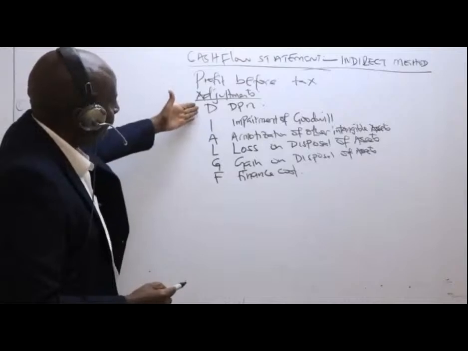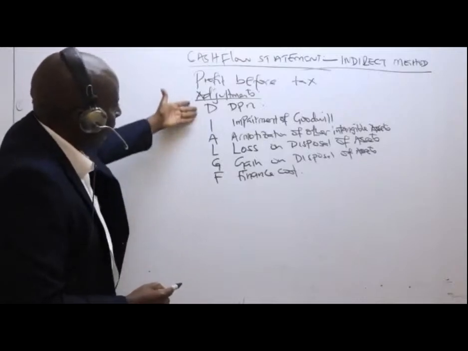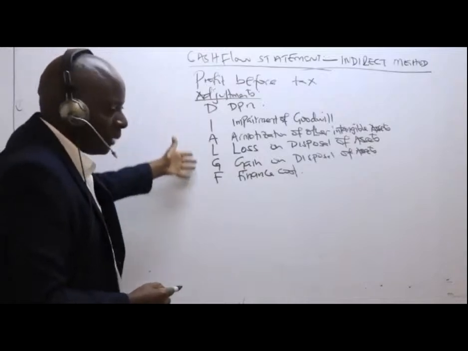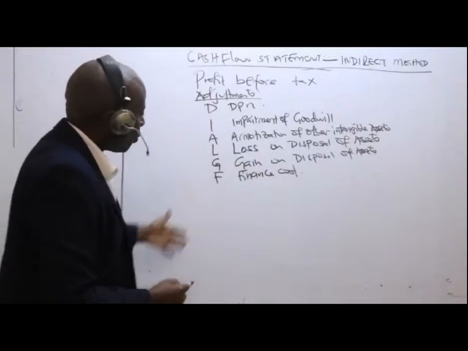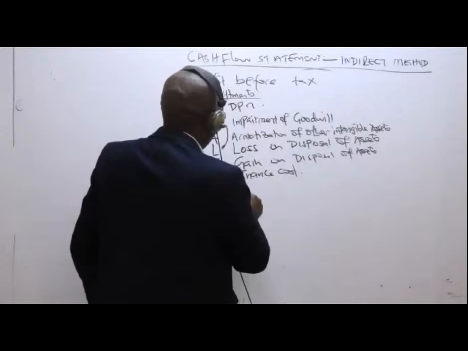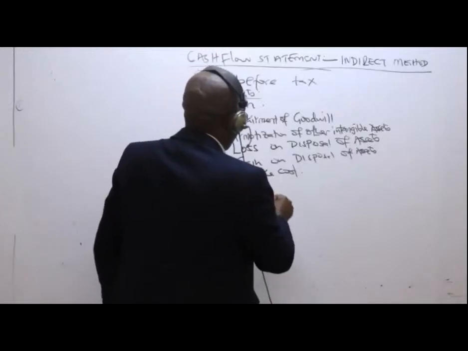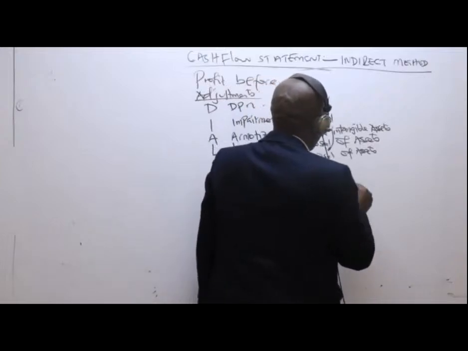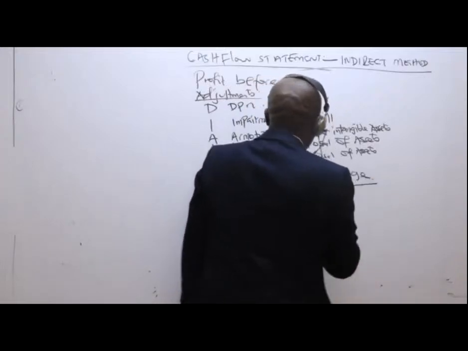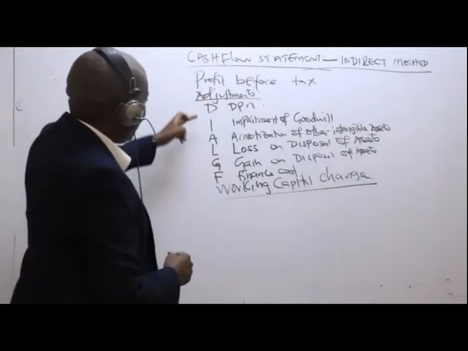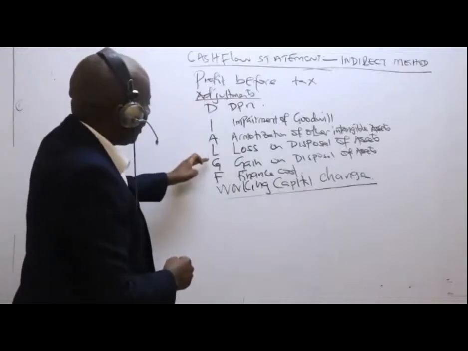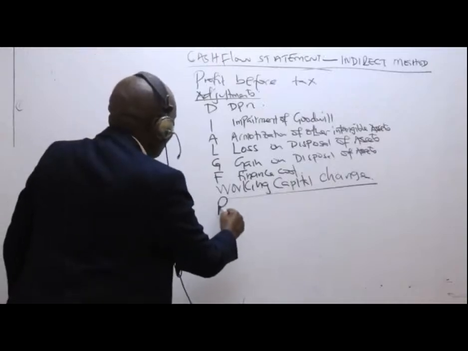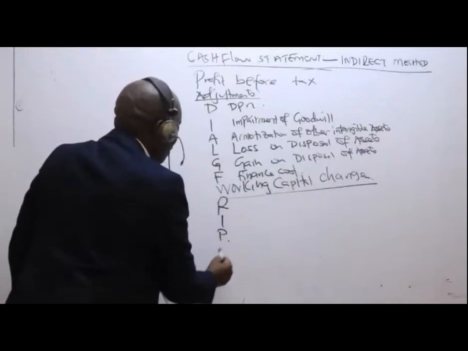Now remember, after this, the next thing for us to think about is working capital changes. And if you recall very well, if you don't dial God's number for food, then you will be able to rest in peace.